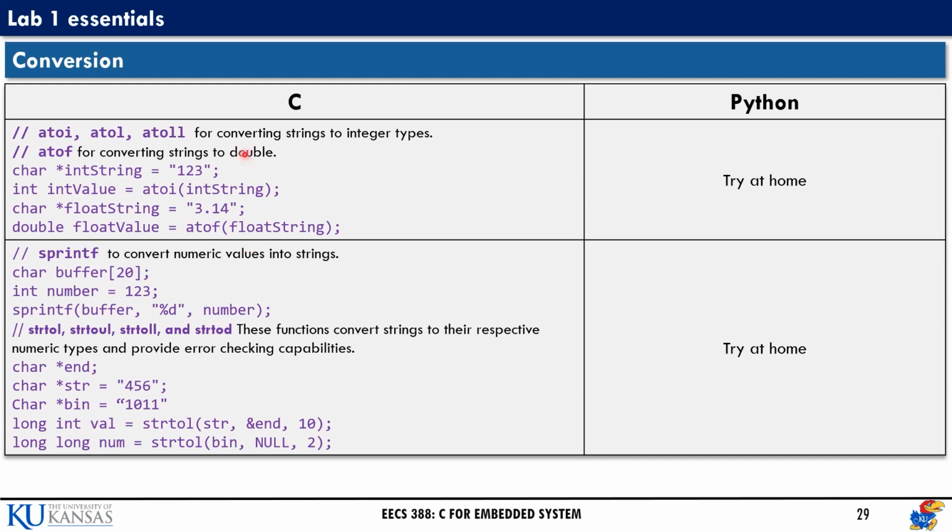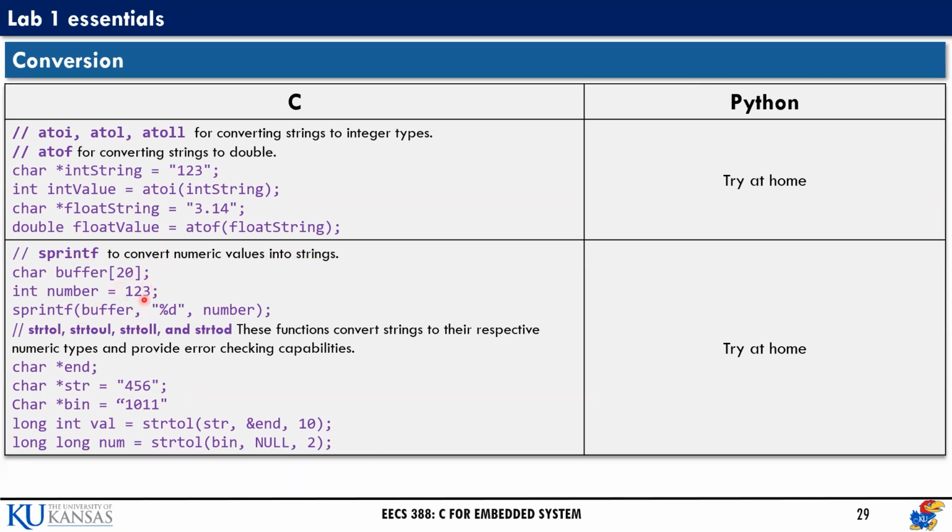For example, here I showed you some of the conversions. We can use atoi, atol, and atoll for converting strings to integer types. So the I means integer, the L means long, and the LL means long long. And atof converts a string to a float number. We have another function, sprintf, to convert numeric values into strings.